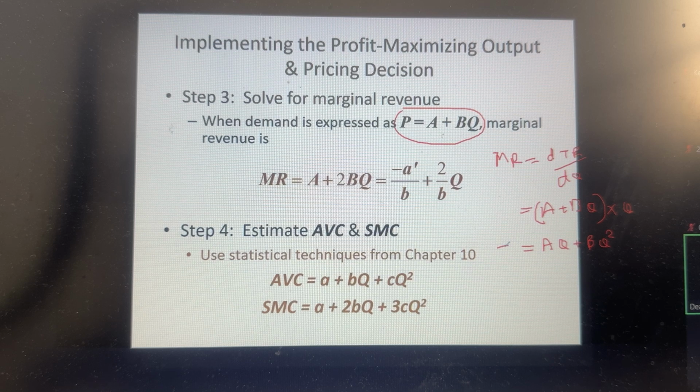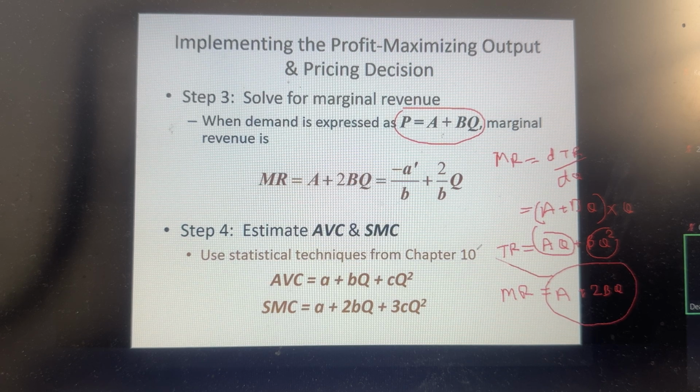This is TR. Now to get MR, you have to take the first derivative of this. The first derivative of this part is A, and of this part is 2BQ. Okay, so that is why the same equation is put here.